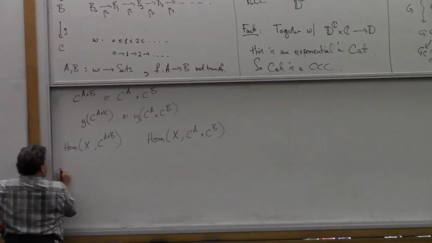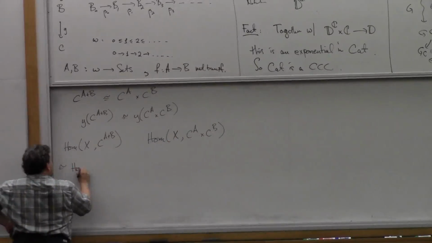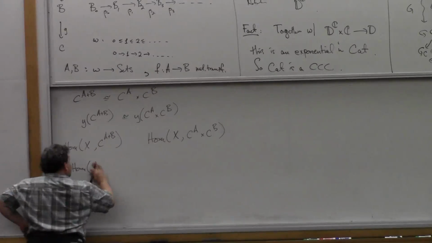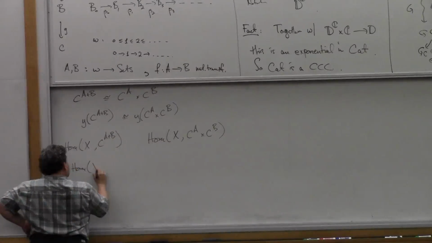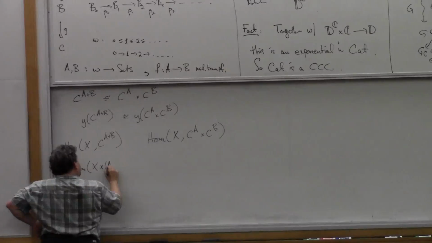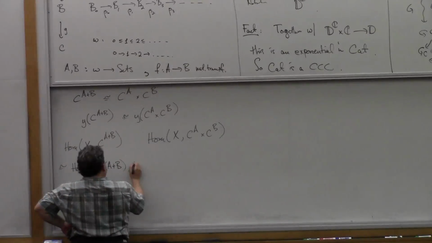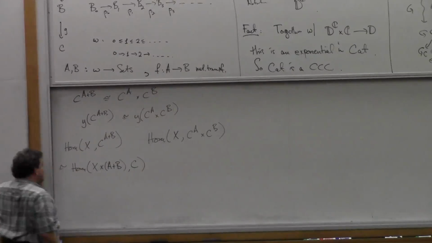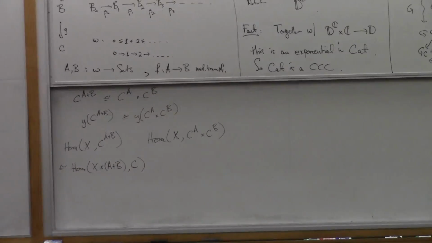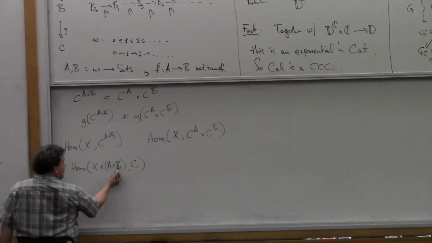Well, this we know is Hom X cross, oh, I should have done it in the other order, shoot, because I need that first, C. I should have done that one first, sorry. Give me this one, I'll show you that one in a minute, okay? Because I'm going to use it right now. So now I distribute this in.